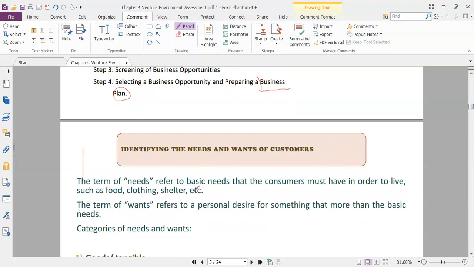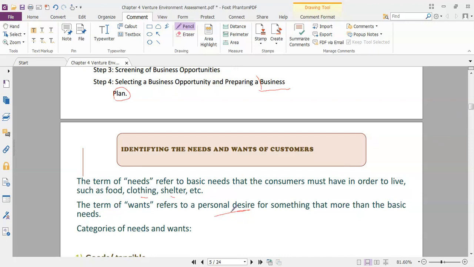The term needs refers to the basic needs that the consumer must have in order to live, such as food, clothing, and shelter. That is what we call needs. The term want is very different from need. It refers to a personal desire for something more than the basic needs.